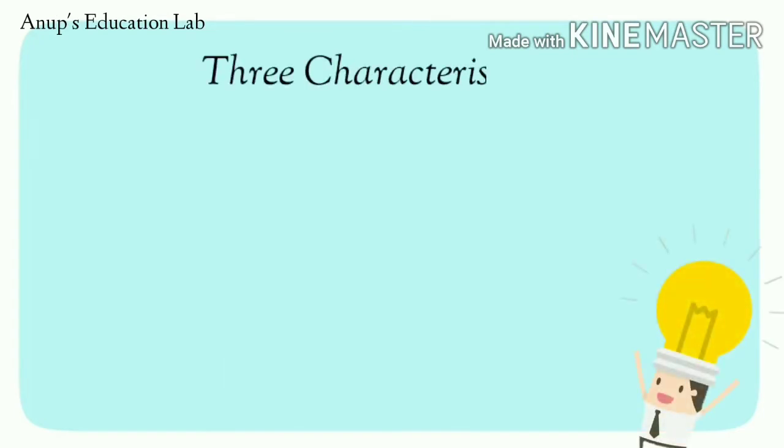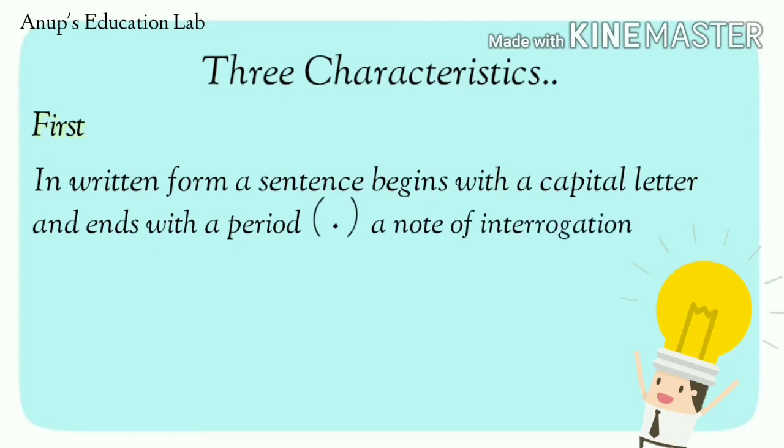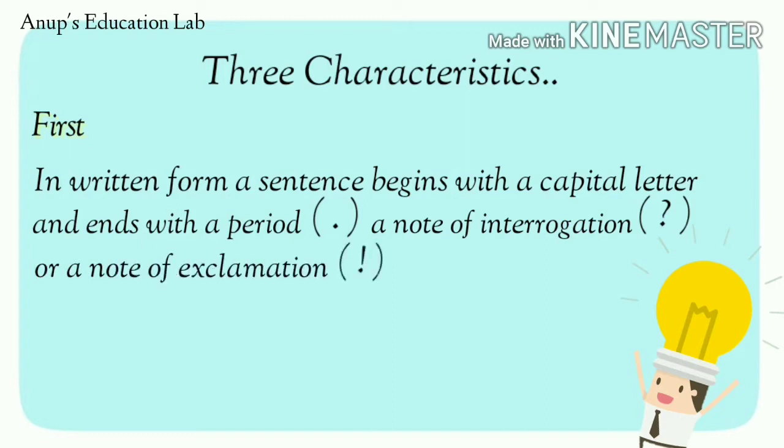In other words, a complete English sentence must have three characteristics. First, in written form, a sentence begins with a capital letter and ends with a period, that is, a full stop, a note of interrogation, that is, a question mark, or a note of exclamation, that is, an exclamation mark.